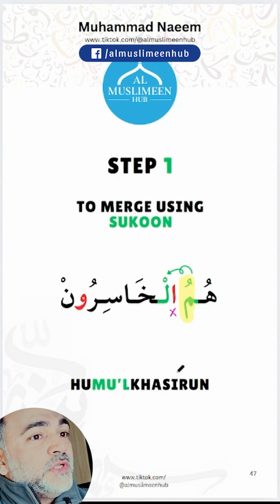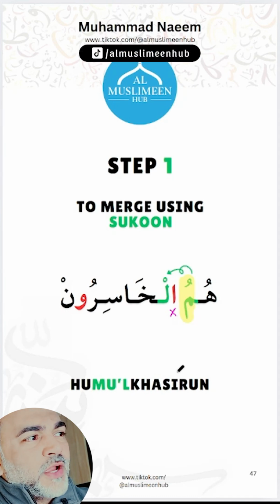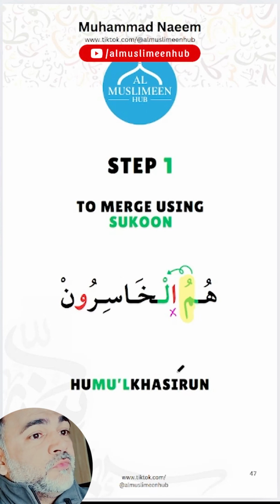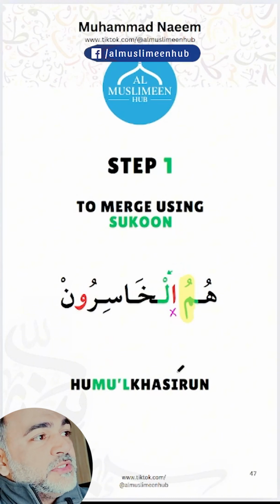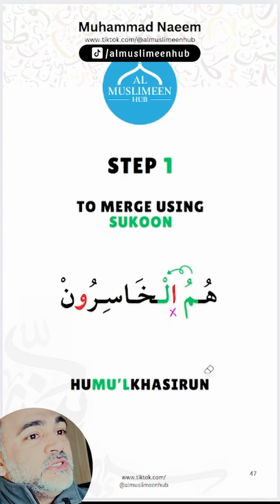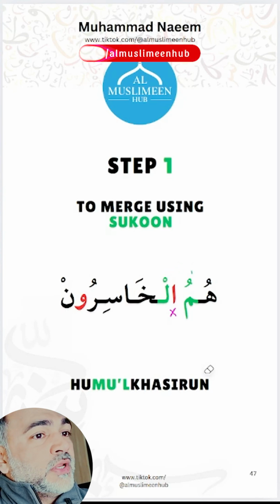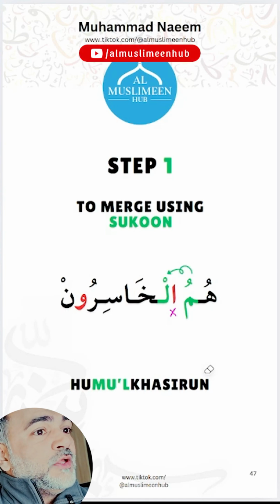Now it's looking: is there something else after alif with some kind of haraka? Remember, only shadda or sukoon. And what did the meem find? The meem saw that lam has sukoon. Very good. So now it needs to connect. You can see on the green arrow that the meem is now going to connect with the lam. Now it got a connection.